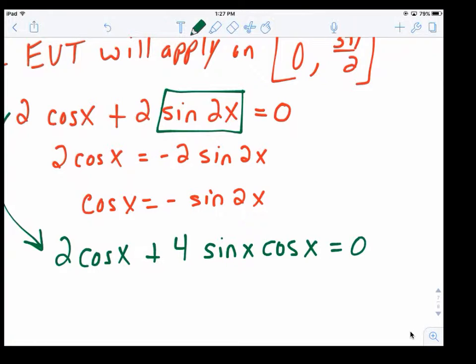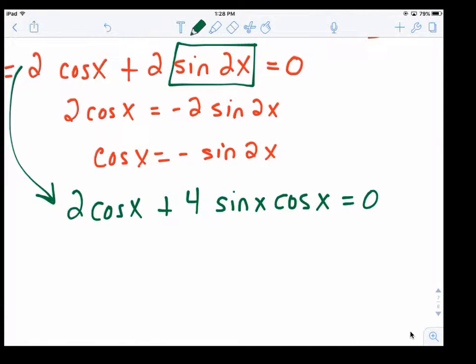Double. Okay, so what can I take out? 2 cosine of x.